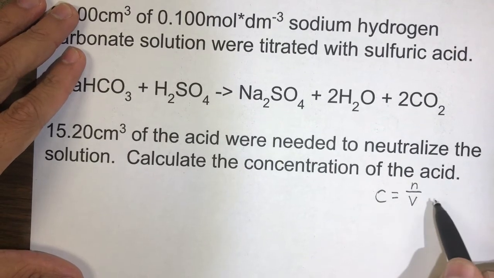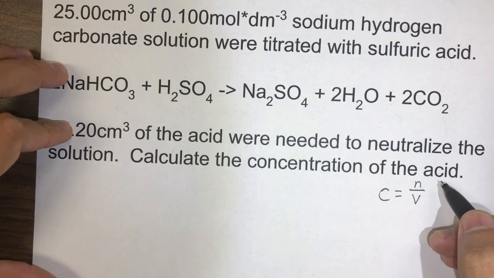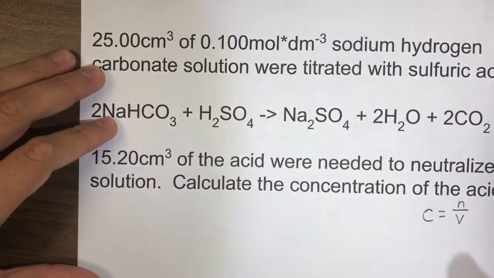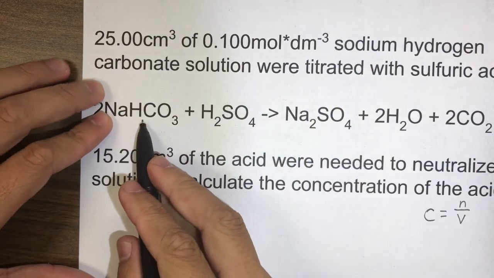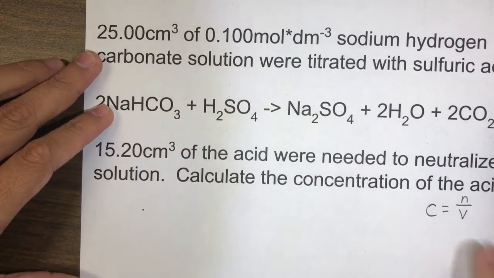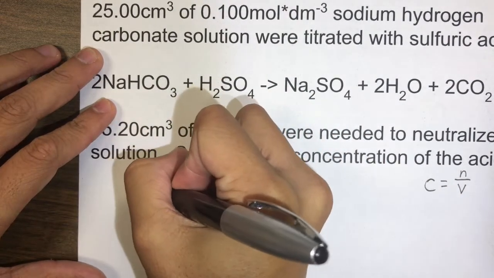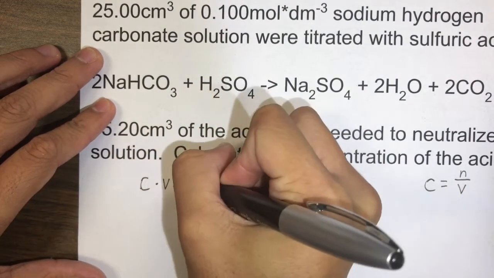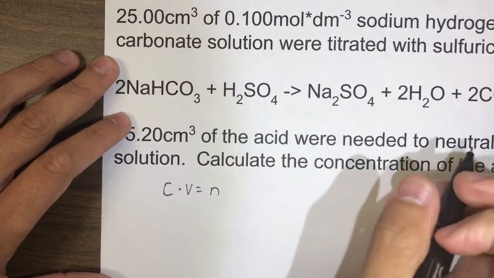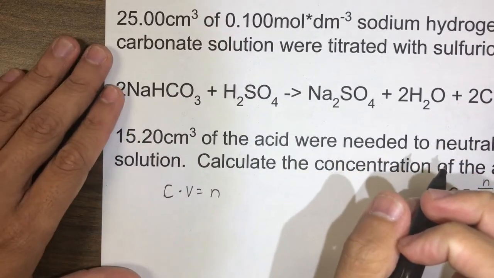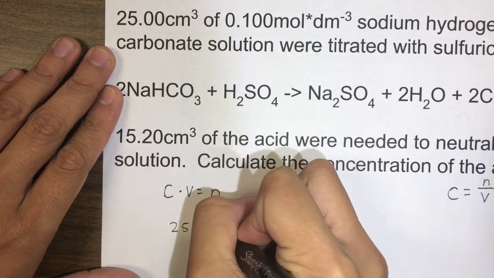So to figure this out, they've already given us the volume, so we need to figure out the number of moles. Now they were nice enough to give us the concentration of the baking soda and the volume of the baking soda. So we can figure out the moles. If we take the concentration times the volume, we can figure out the number of moles of baking soda. So let's do this. We've got 25 centimeters cubed.